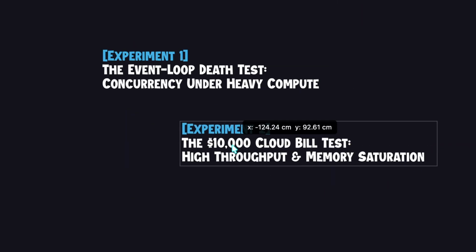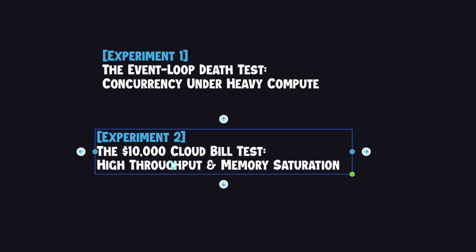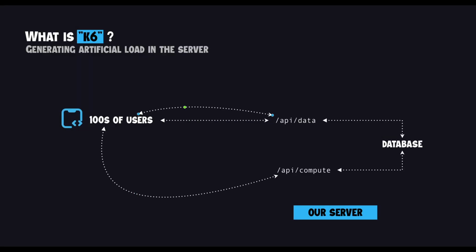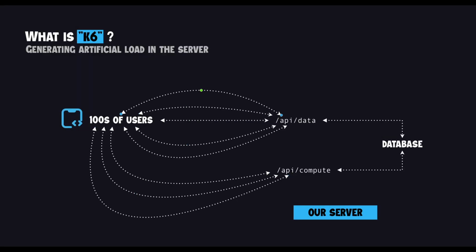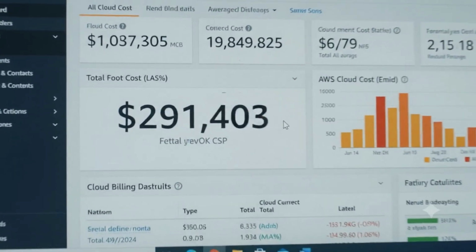The second experiment is the $10,000 cloud bill test. We will choke identical backend configurations with 10,000 concurrent webhooks to demonstrate how process duplication in Python and Node translates directly into massively bloated enterprise cloud infrastructure expenses.